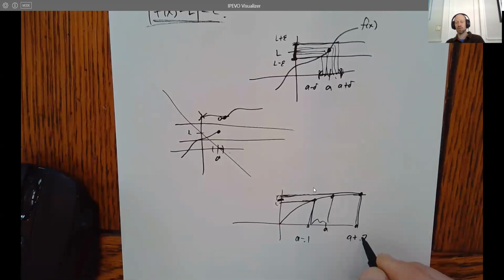So if I pick delta to be 0.2, that would fail for this epsilon, because 0.2 would allow me some x values out here that would fall outside of my region. Okay, so in this scenario, your delta would be 0.1. And so if you have two options there, you want to choose the smaller of those two options. Okay.